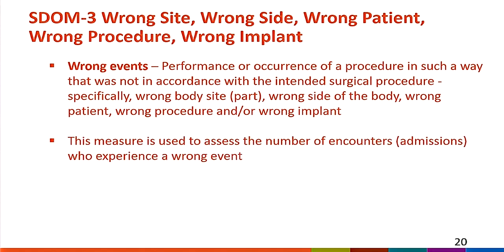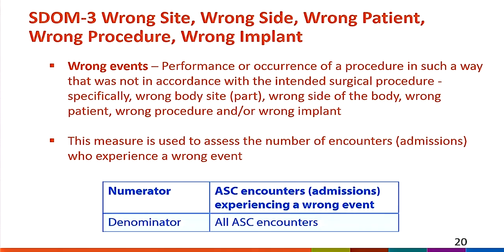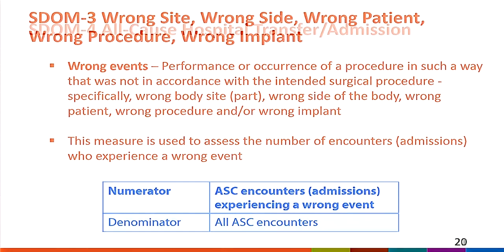This measure is used to assess the number of encounters who experience a wrong site, side, patient, procedure, or implant event. Numerator is the total number of ASC encounters who experience one or more wrong events. The denominator is all encounters for the ASC.